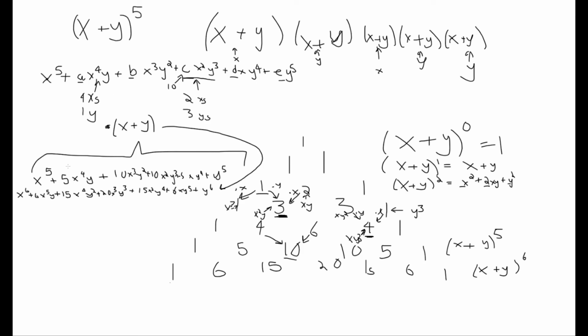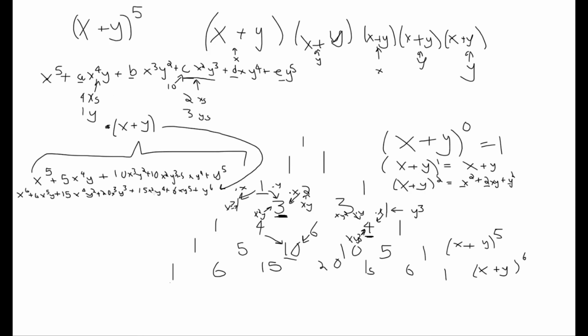For example, x to the 5th will be multiplied by x to produce x to the 6th, and it will also be multiplied by y to produce one of the x to the 5th y's. Another example: 5x to the 4th times y will be multiplied by x to produce 5 of the x to the 5th y's, and then multiplied by y to produce 5 of the x to the 4th y squareds.